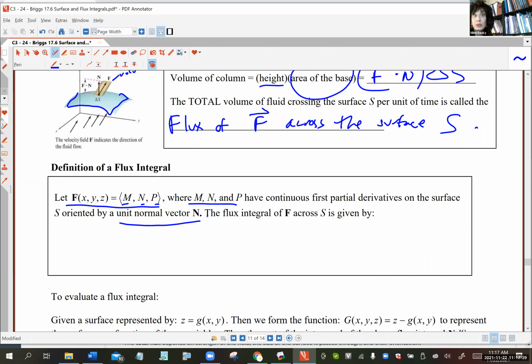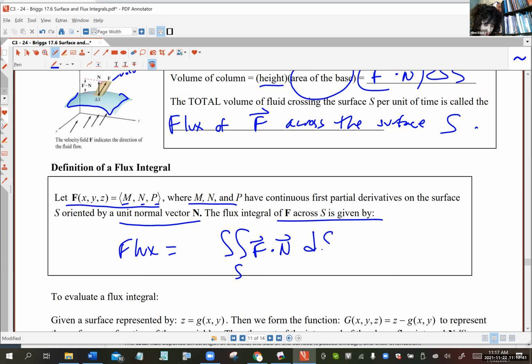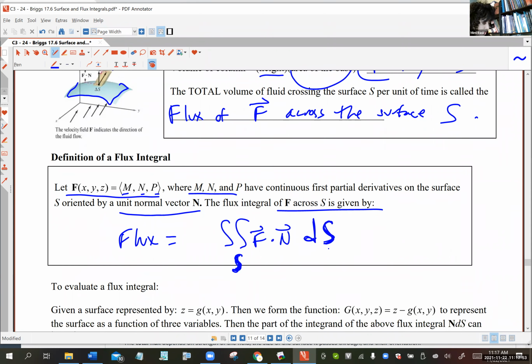It's an orientable surface. So you have this unit normal vector N. So the flux integral of F across S, the flux, is equal to this special surface integral. And you know it's a surface integral because you got a big old S here. That's how you know it's a surface integral. And then you also have this surface area element here, which you all know what it is, but it's going to turn out you don't have to worry about that.